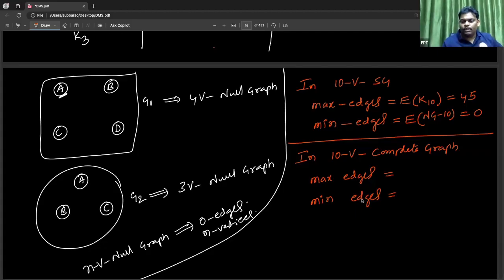Minimum edges how many? Can you give the answer properly?